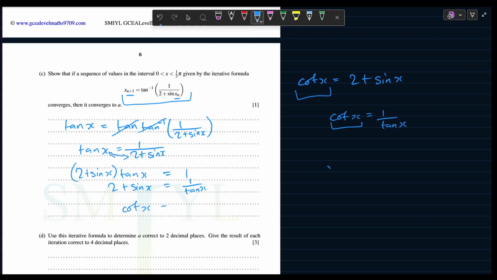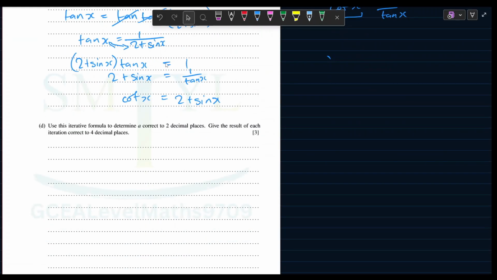So we get cot x is equal to 2 plus sine x. And so we've proved that this iterative formula is the same as the equation in part A. So it means the root when the iterative formula converges is the same root that you get in the equation in part A. So part D says use this iterative formula to determine A correct to 2 decimal places.